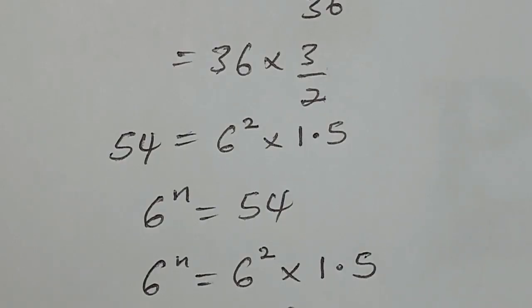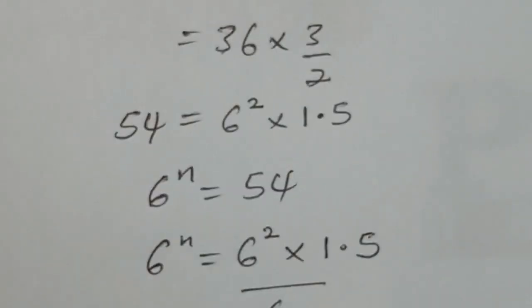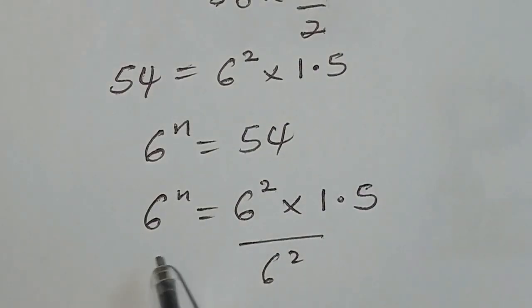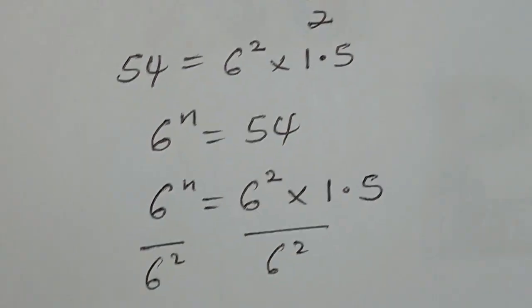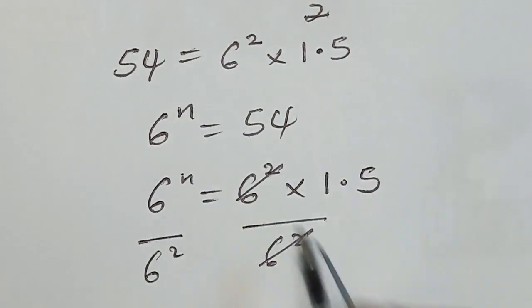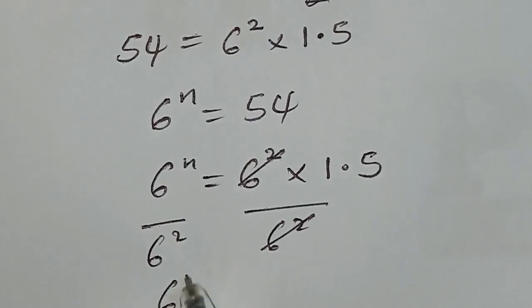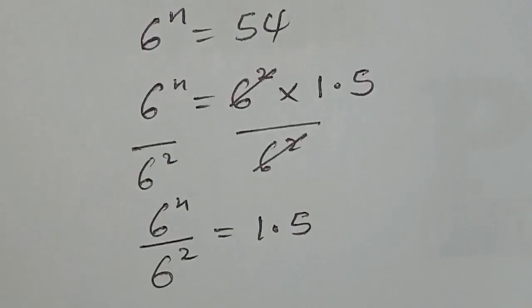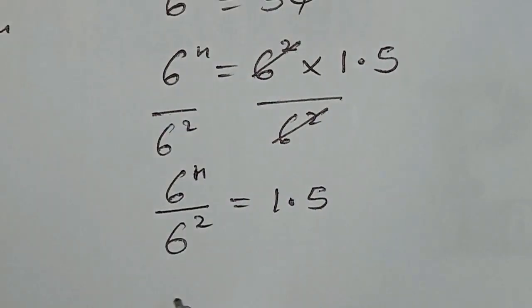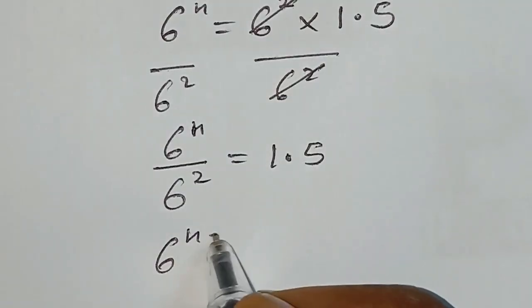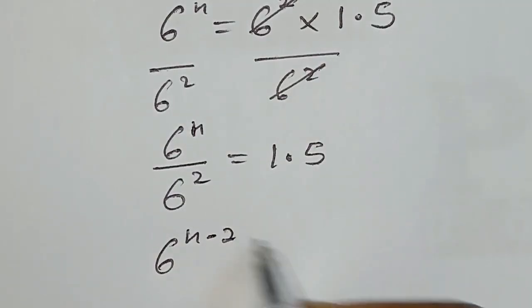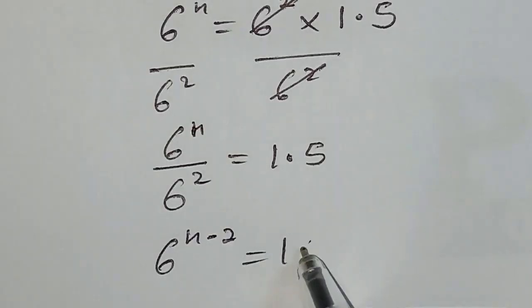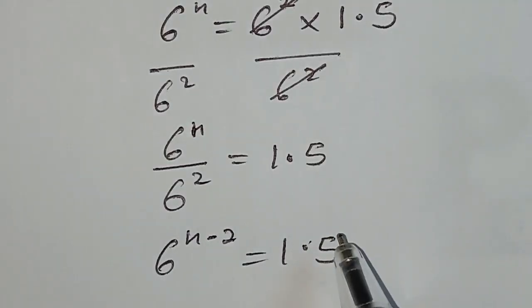Then, if we divide both sides by 6 to the power of 2, this will go with this, and we are left with 6 to the power of n over 6 to the power of 2, which is equal to 1.5. Now, using the exponent rule, we can write this as 6 to the power of n minus 2 equal to 1.5.